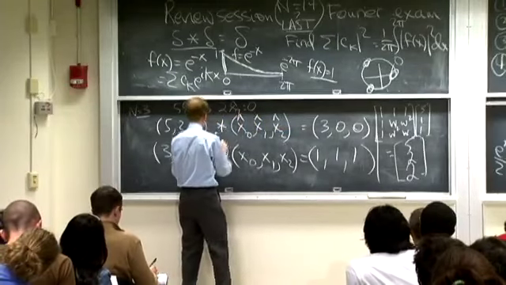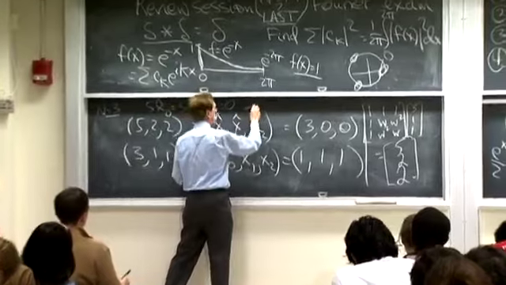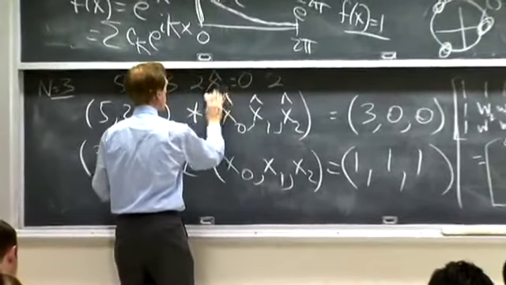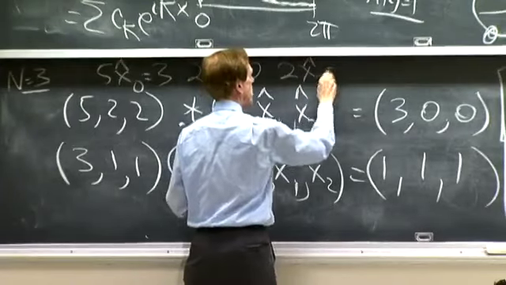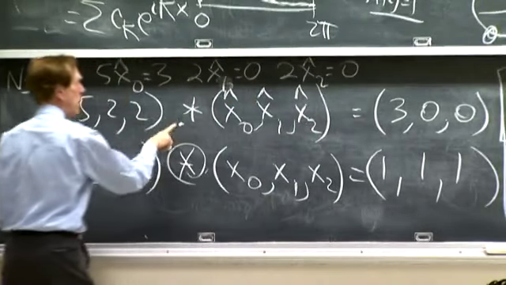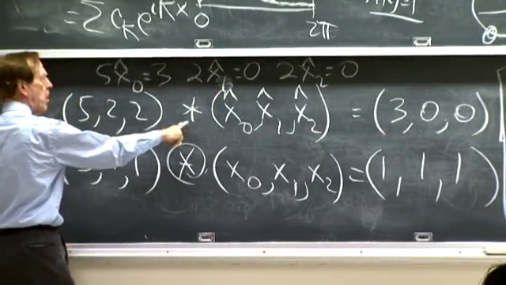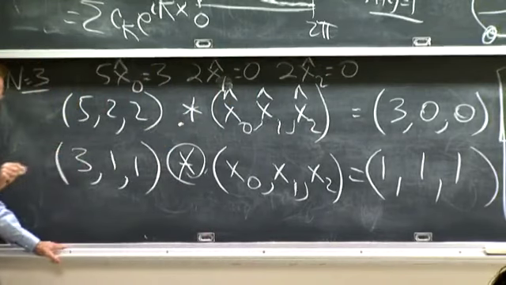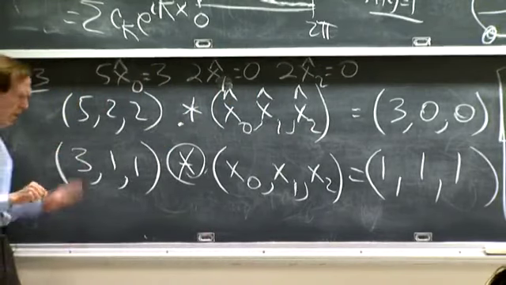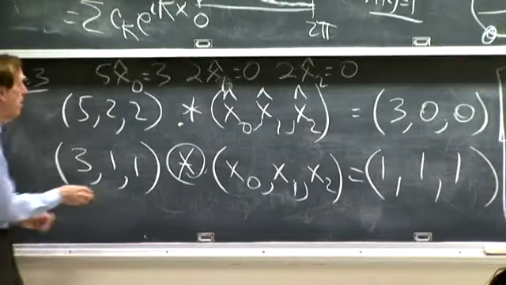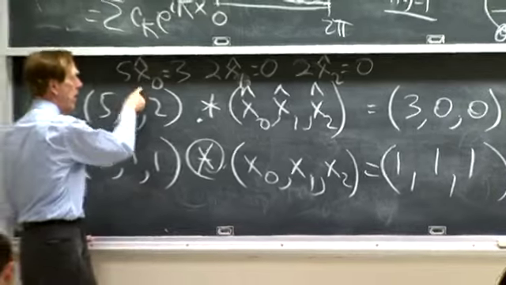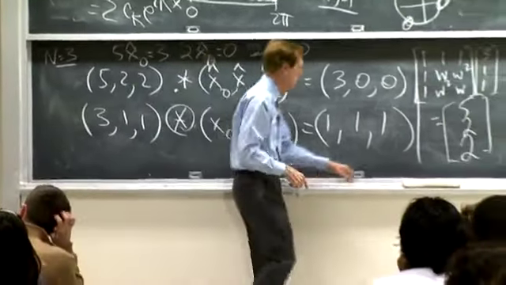No, x2 hat, and 2 x2 hat. Sorry, 1 was right. And 2 x2 hat is 0. I'm just doing the multiplication as I'm supposed to. In the other space, it's for each component separately. So now I know x0 hat is 3/5 and the others are 0.